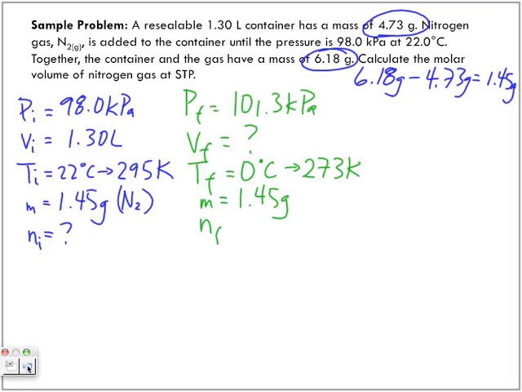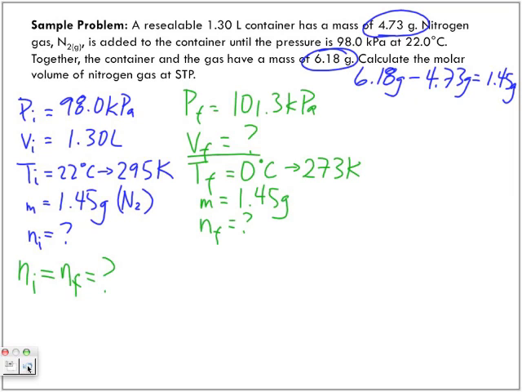And we're trying to find the final. So in fact, the number of moles of the initial will be equal to the number of moles in the final. It's not really going to change, because the only thing that's going to change is the final volume. So the volume can change, but the number of moles stays the same.